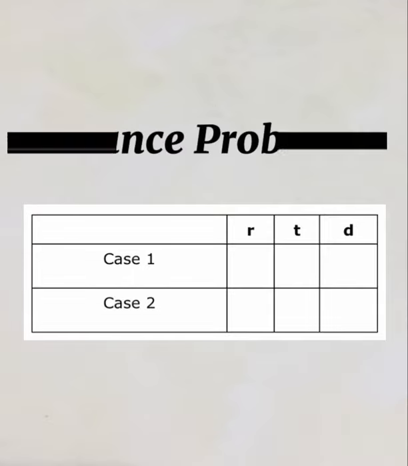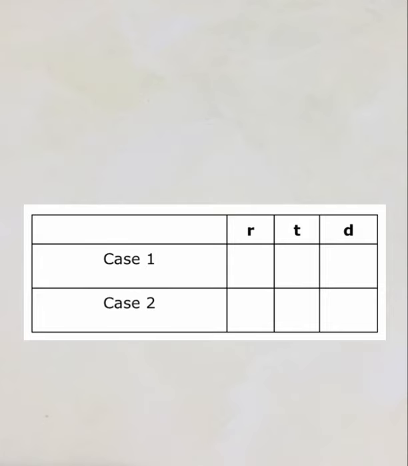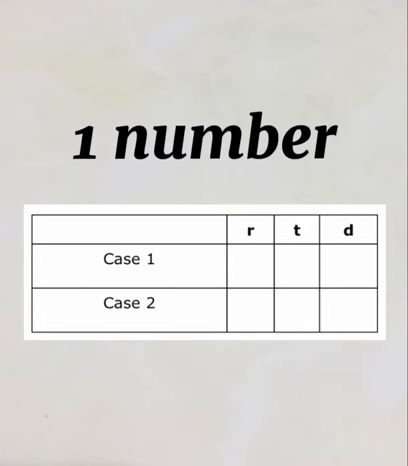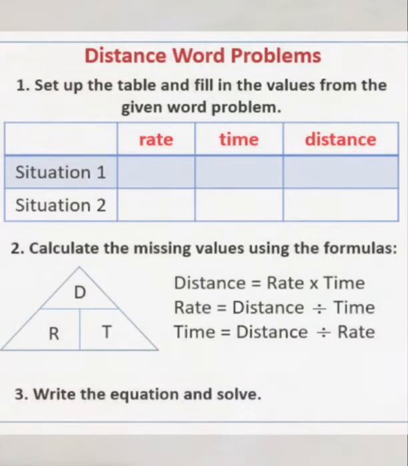A table helps you think about one number at a time instead of being confused by the question. As we can see in the given diagram, it shows the steps on how to solve distance word problems using a table. Distance word problems are composed of three steps which help us find the answer.